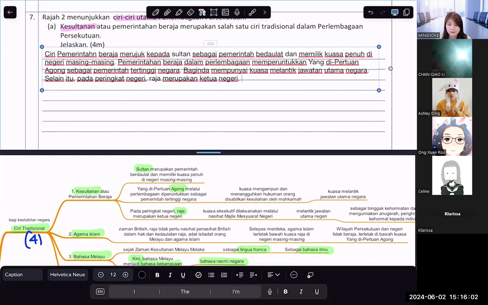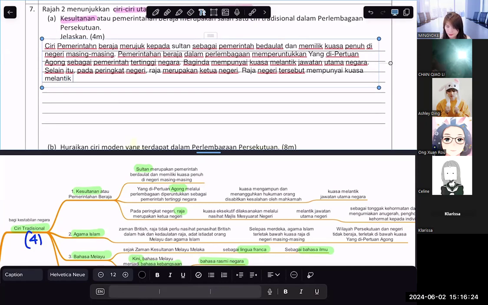And of course, raja negeri tersebut mempunyai kuasa melantik jawatan utama negeri.